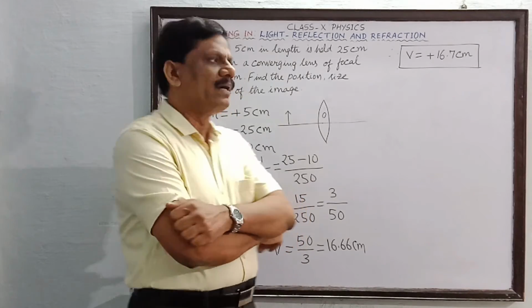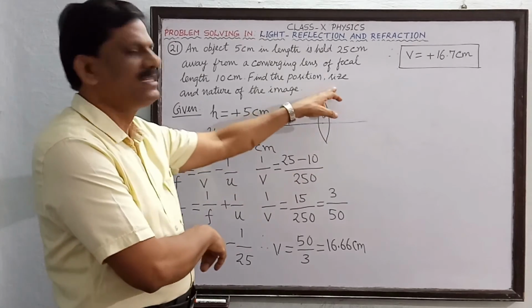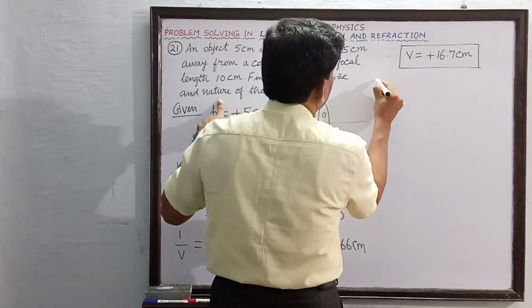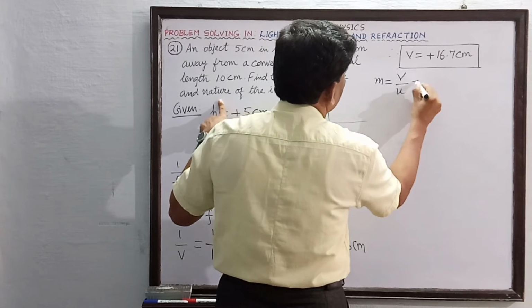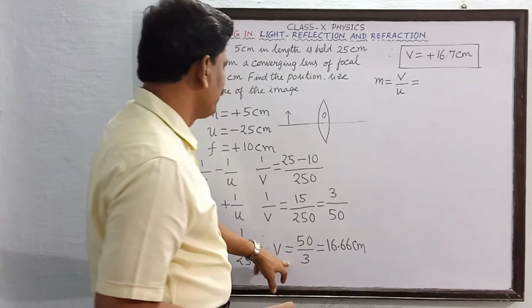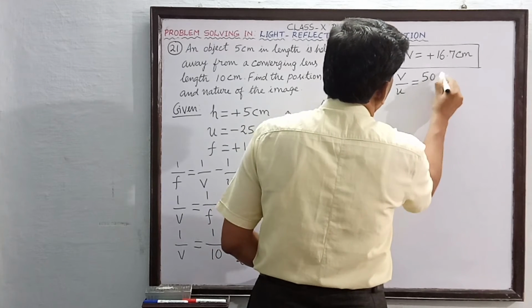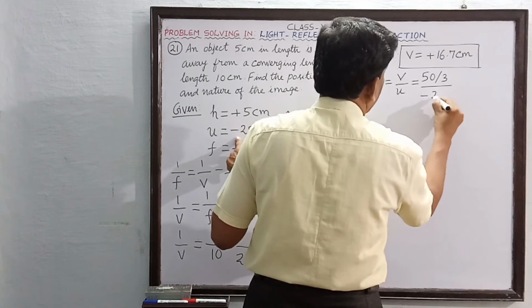Now what else is asked here? Position of the image we have found. The size we are going to find now from magnification. So what is the magnification? Magnification is equal to image distance by object distance, and that is equal to, instead of v, I am going to substitute 50 by 3. So this is 50 by 3 whole divided by minus 25.